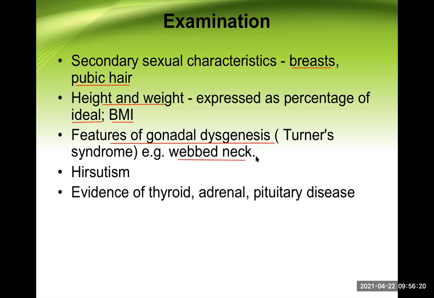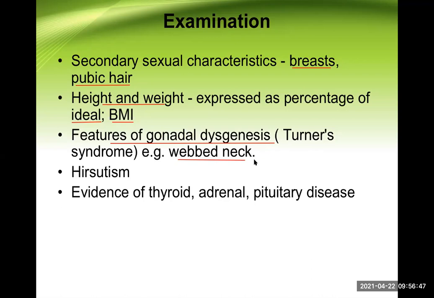Let me tell you some more. Turner syndrome is lack of one X chromosome, so it is 45,X. Because of that, the gonads, the ovaries, are not developed in the female. Because of that, a lot of other features will be there, such as lack of secondary sexual characteristics, which you already know. Then very short height.